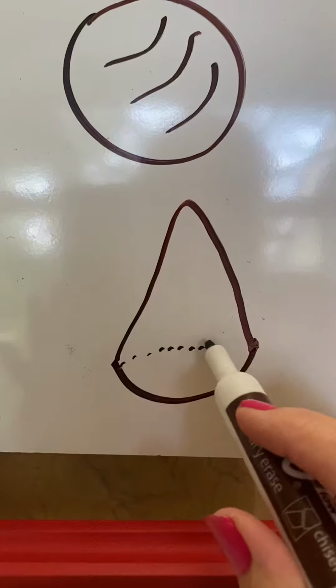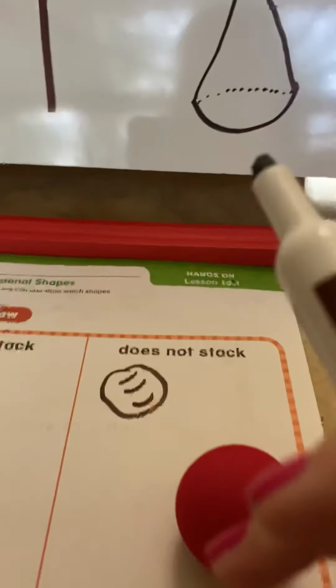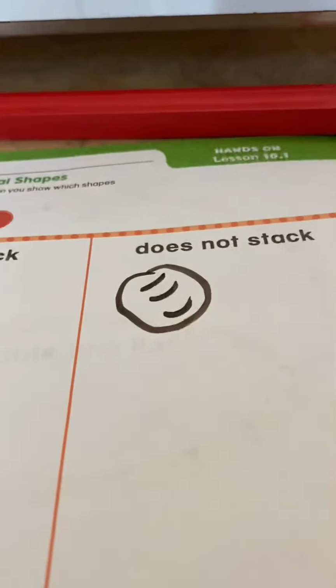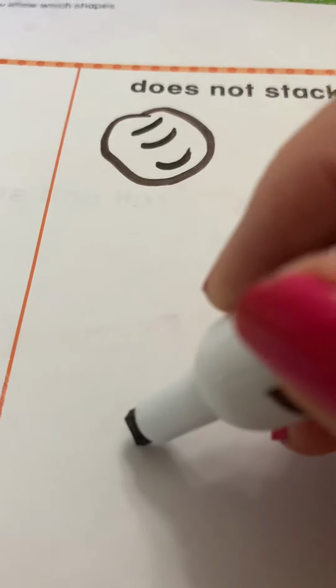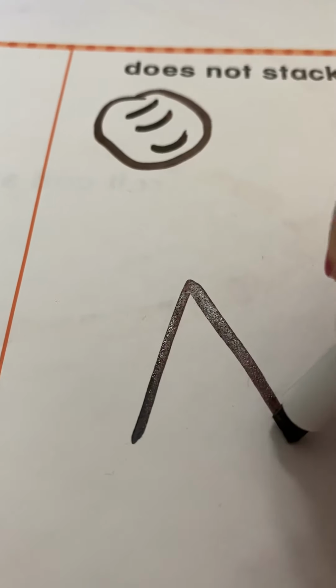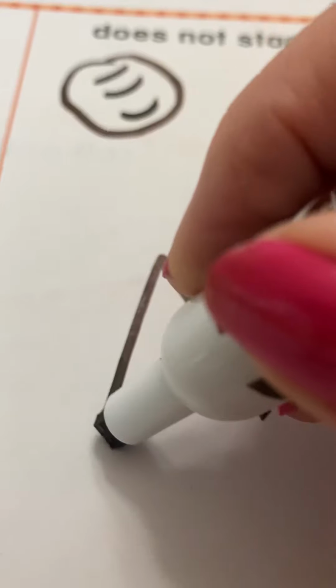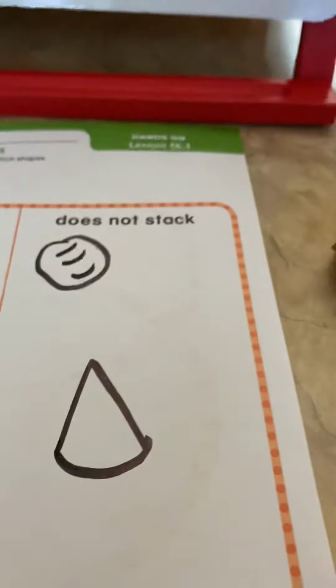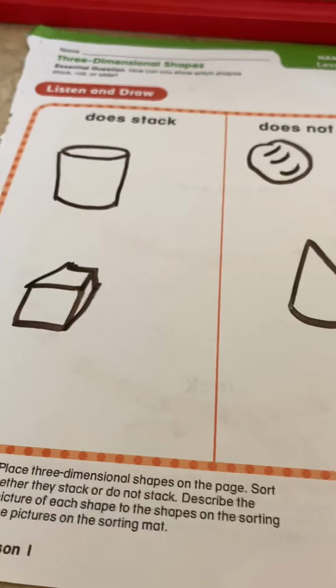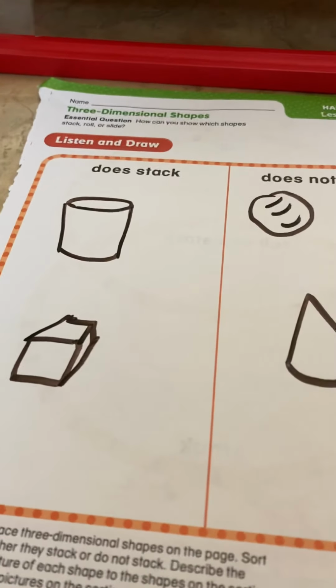And I could always just put that dotted line to symbolize the bottom of the cone. So you could even do your triangle first, and then do your smile. So that is how we would do the does stack and does not stack.